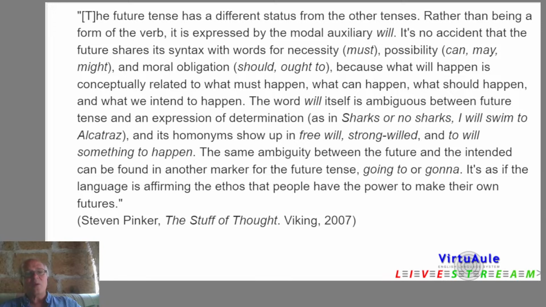It's as if the language is affirming the ethos that people have the power to make their own futures. It's very interesting because when we use the future, this is a very, very individual decision, right? One person may use the future in one way, another person may use the future in another way.